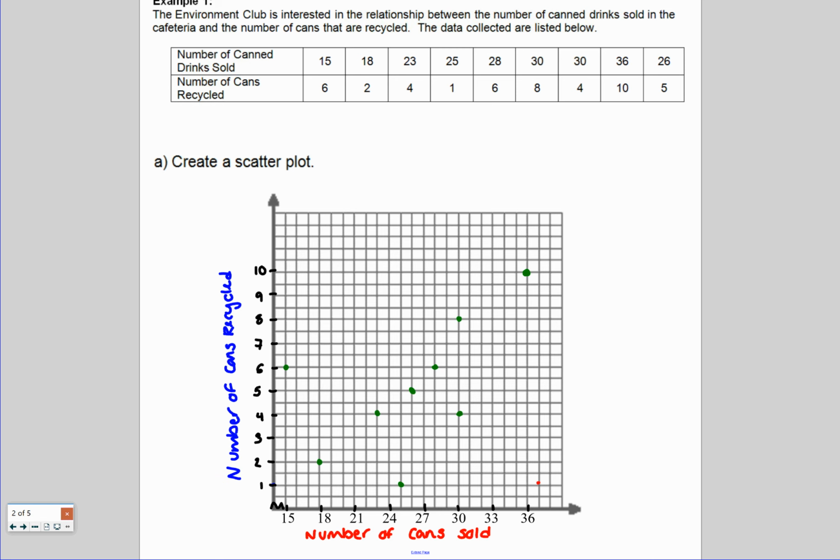So we'll go ahead and plot those points. Okay. Once you've done that, we're gonna separate them into 3 groups. So basically we need to order the points.